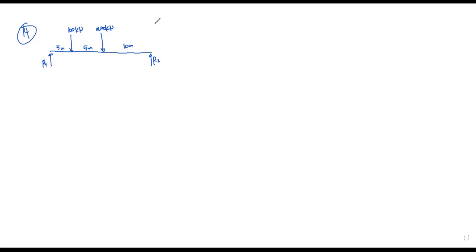So first we do summation of moment at B. Okay, so summation of moment at B, so that is equal to 0. Okay, so we have here R1 multiplied by 10. No?